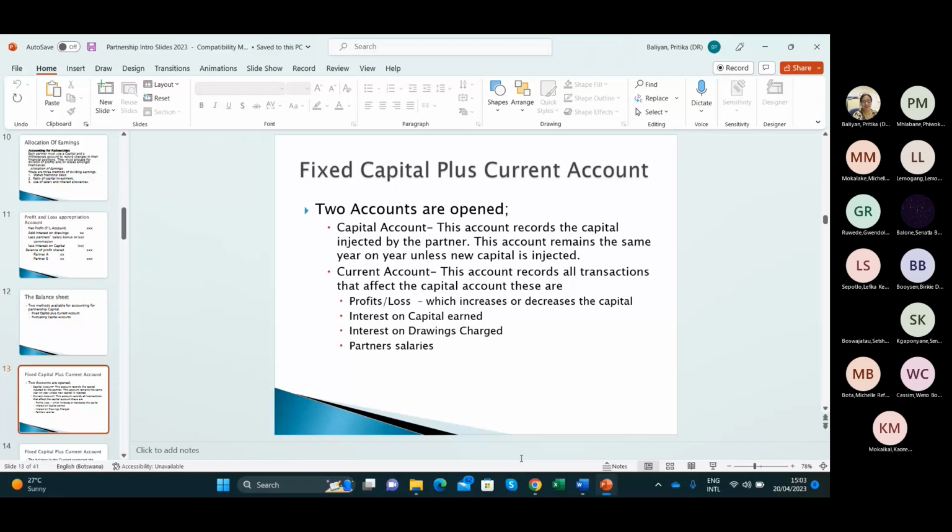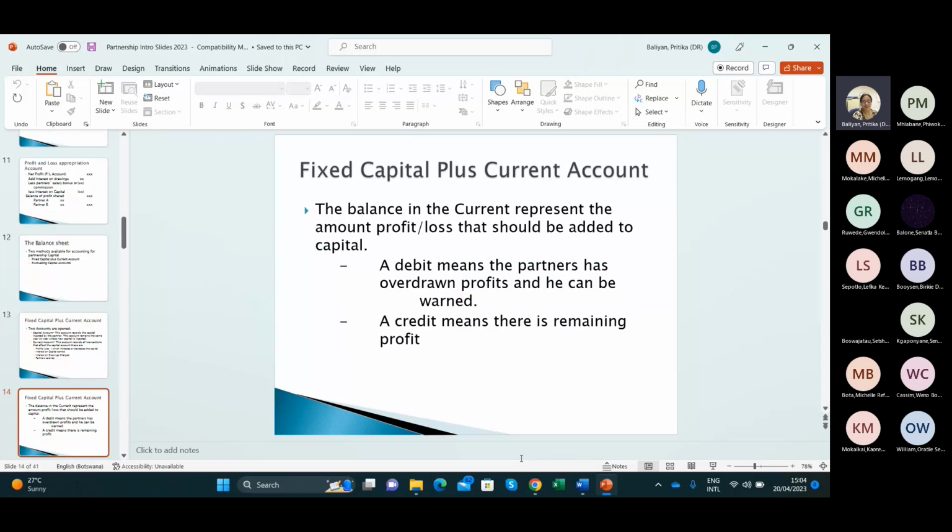they are having, and the current account shows their proportion in the business. Okay. All right. So this part we already covered.